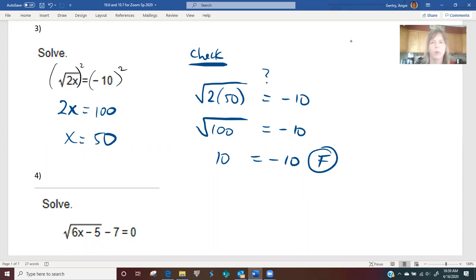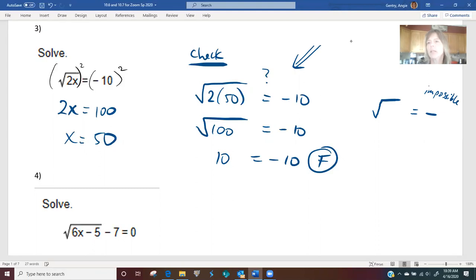So when you have a radical, the reason it's critical to check is because you might have some extraneous roots. That's what they're called. But that's where, because this is never going to be true, this here. And you could just memorize, hey, if you have an even root and you have a negative over here, it's impossible.